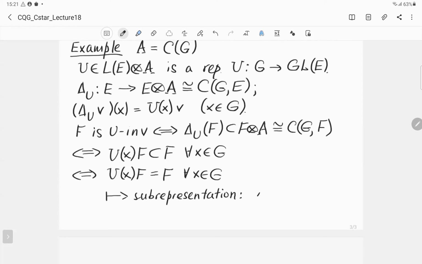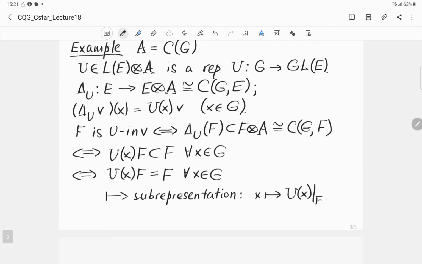So for each element x in G, we take the operator U of x and restrict it to F. And by this formula, it follows that U of x is an invertible operator on F. And so we actually have a representation on F.